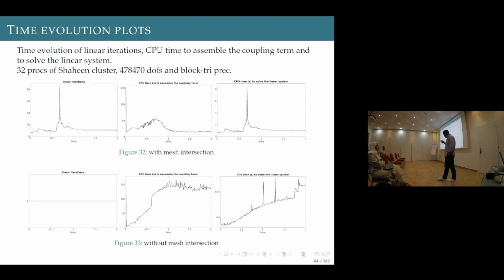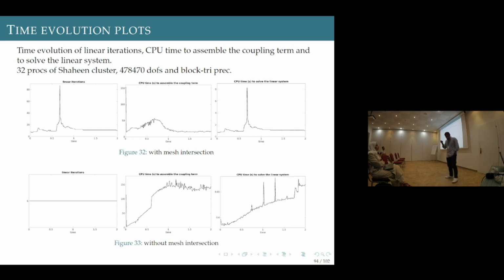Time evolution plots. So, time evolution of linear iterations, and CPU time to assemble the coupling term and to solve the linear system. This is related to a simulation with 32 processors on Shine, with this number of degrees of freedom and with the block triangular preconditioner. So with mesh intersection, we can see that the linear iterations, as a function of time, are not constant, unlike the case without mesh intersection.